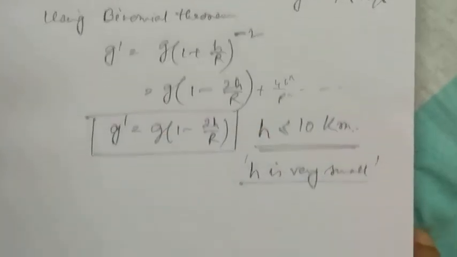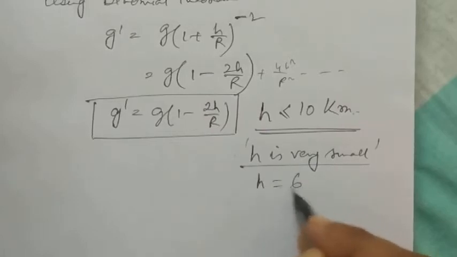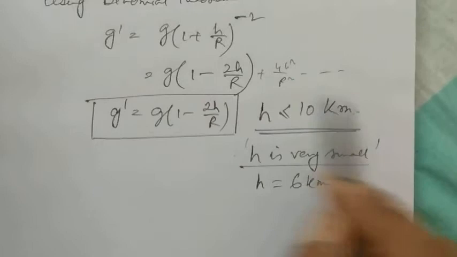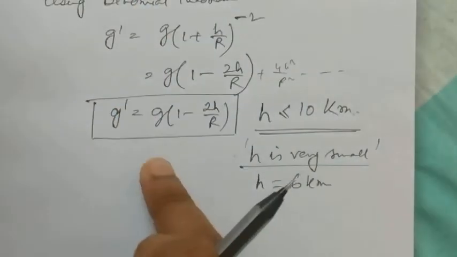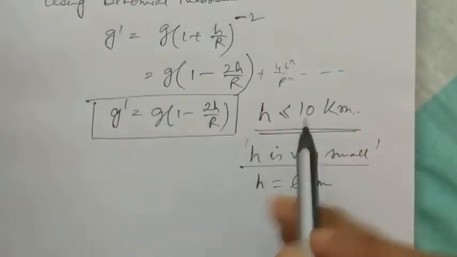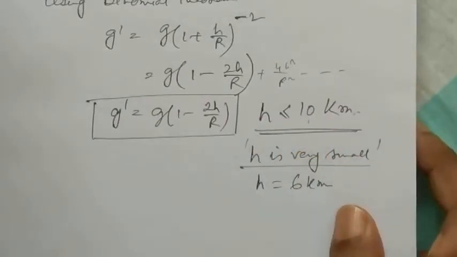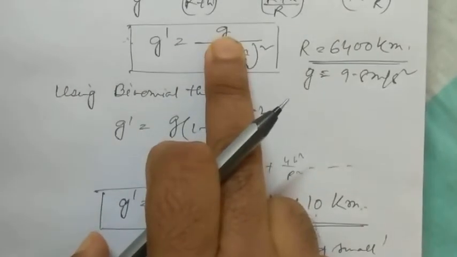Or in the mathematical problems, if you are given that h is equal to 6 kilometers, you know 6 kilometers is within the range of 10 kilometers, so you can use this formula instead of the previous one. So h is equal to 6, 7 or 8 kilometers, but the maximum that you can take is up to 10 kilometers and not above that. If h is 12 kilometers or 14 kilometers, then you have to use the original formula.